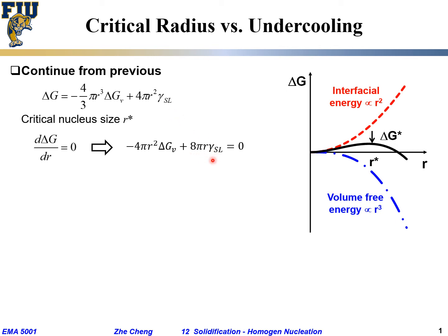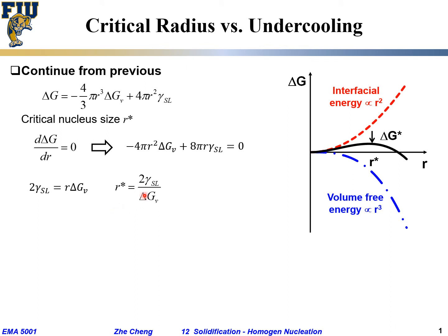And from here, we rewrite. The 4 pi r would cancel. We would have 2 times gamma SL equals r, that's the remaining r, times delta GV. As a result, this r should be our r star, the so-called critical radius.